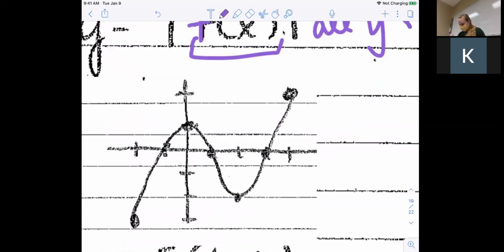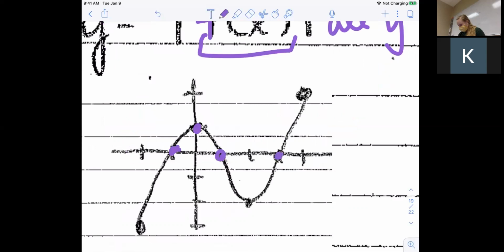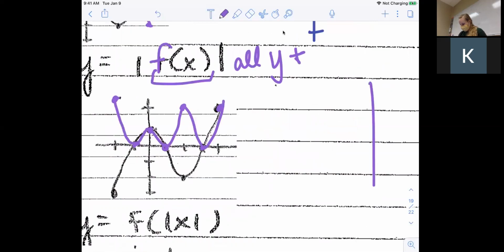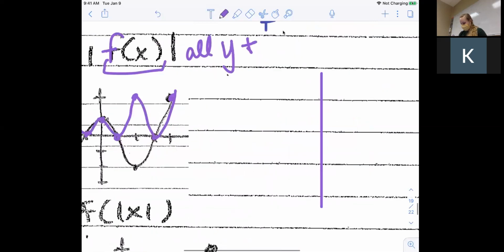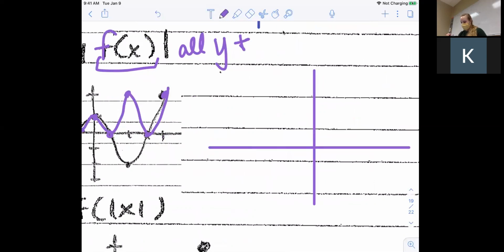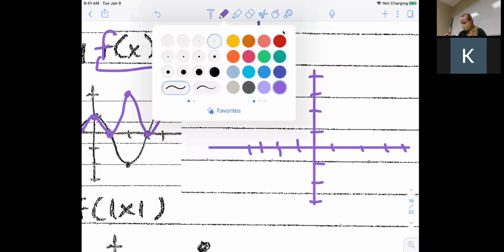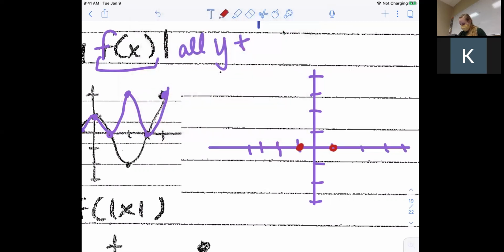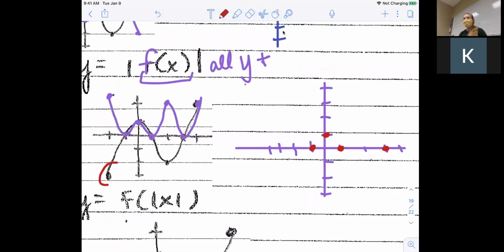If I'm looking at the original one, everything that's above it is cool. Everything that's below has to flip. So this point has a negative y, so I'm going to make it become positive.